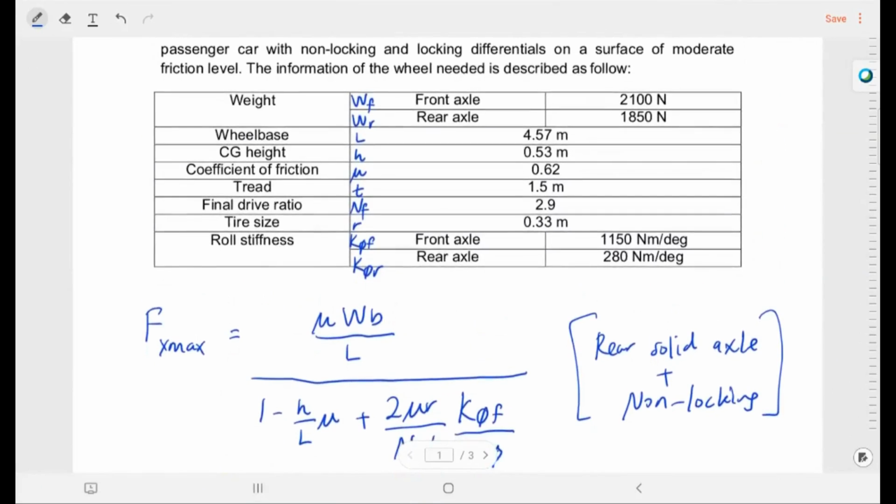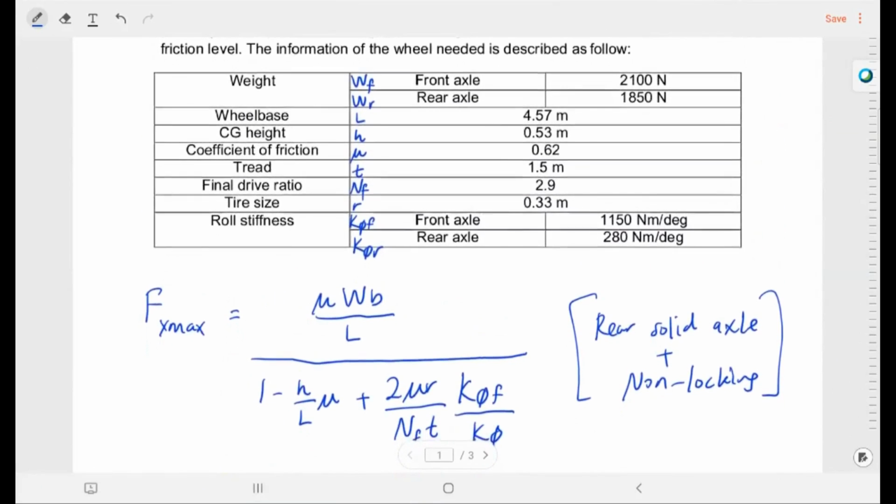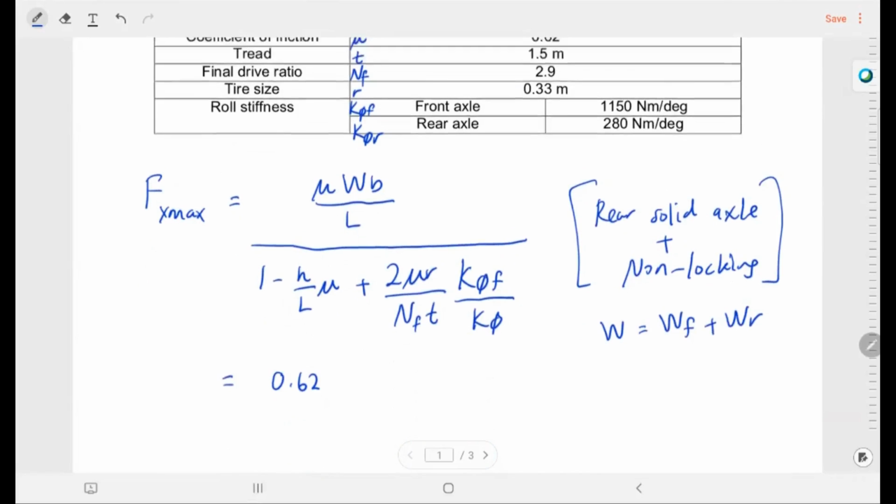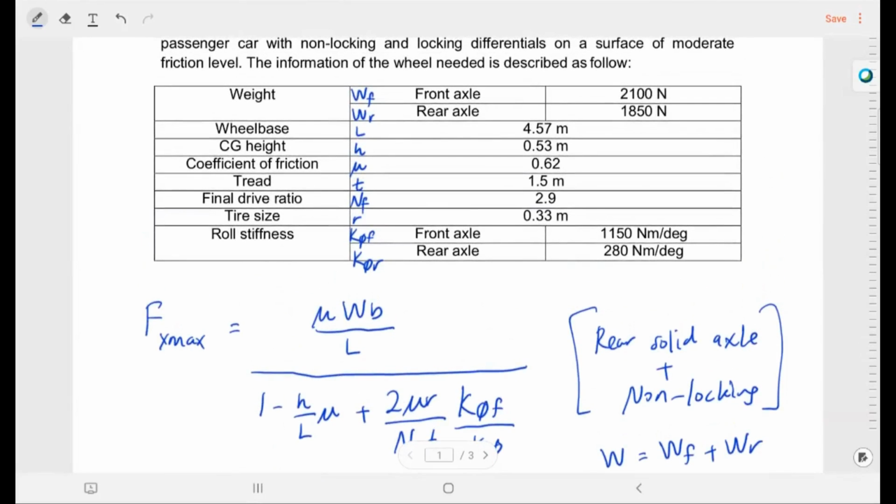WB over L. L ada. Okay. W apa dia? Weight of the car biasanya kita tambahlah front punya axle plus rear punya axle. Okay, L ada. Okay, sekarang ni B. B tak ada kan?